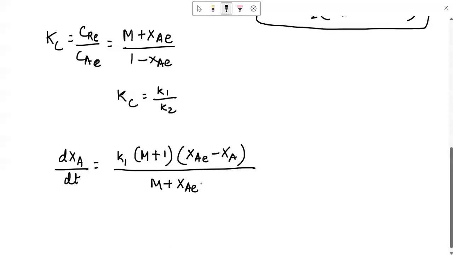So you are now relating the fractional conversion of A to the conversion of A as a whole. This is another way that you can represent it.